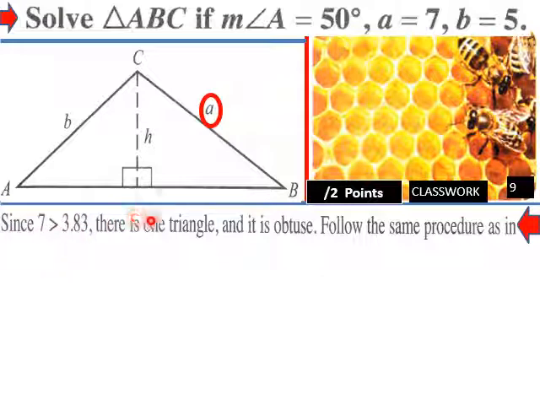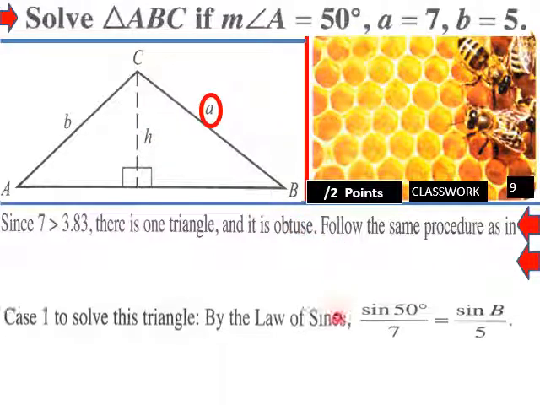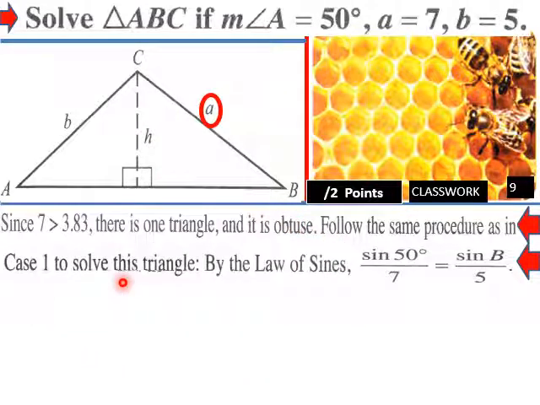Since 7 is greater than 3.83, and b is 5 over here, there is one triangle. So this would be your side c here, one triangle, and it is obtuse. Follow the same procedure as in case 1 to solve this triangle.